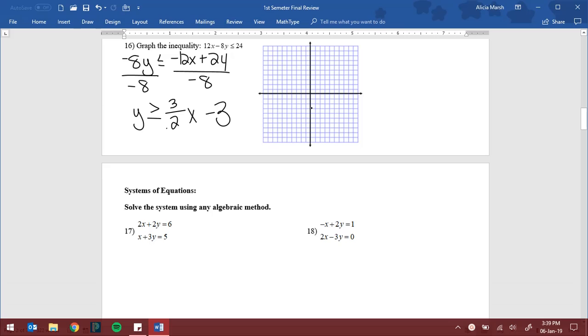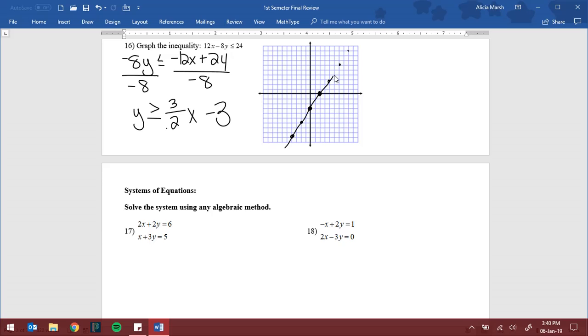So let's go ahead and graph that. I'm going to go down to -3, go up 3 over 2 to follow my slope. There we go. And now, since this is an inequality, I do need to look at the sign. Since it's an equal to, I get to connect the dots with a solid line.